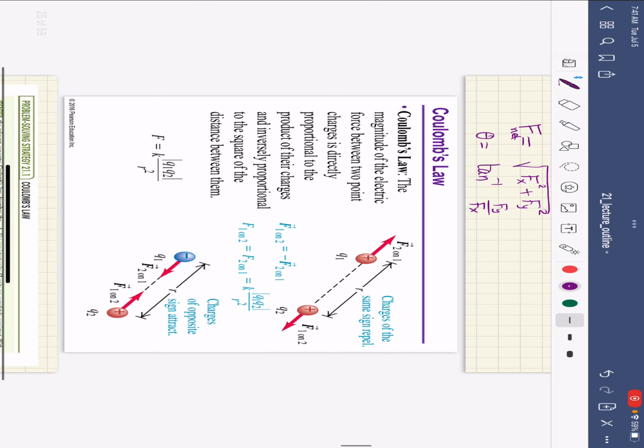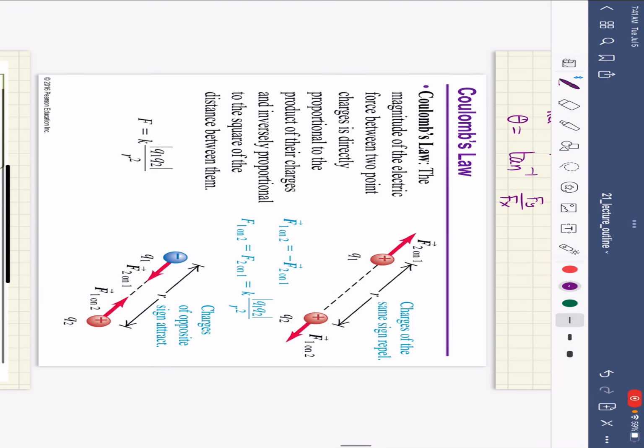One thing we need to know, very similar to what we did with gravitational force, is that the magnitude of the electric force between the two point charges is going to be the same on both, which means it's a mutual force.